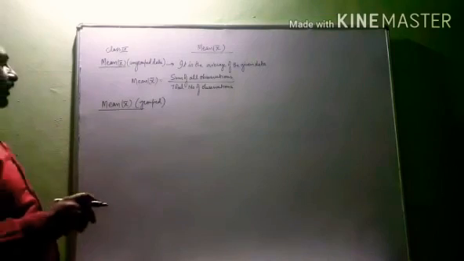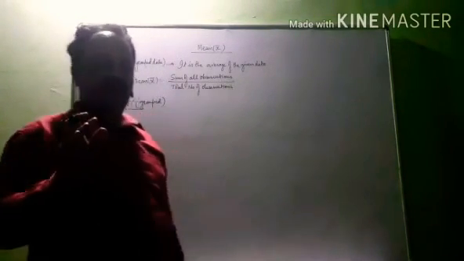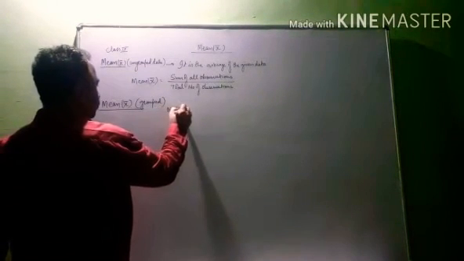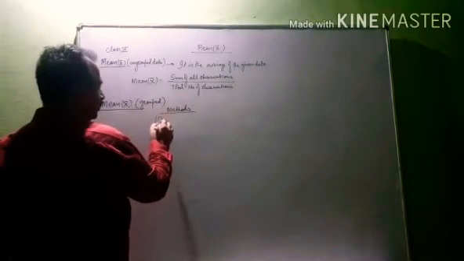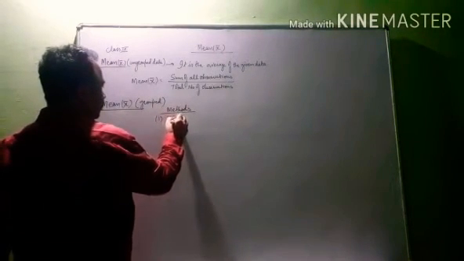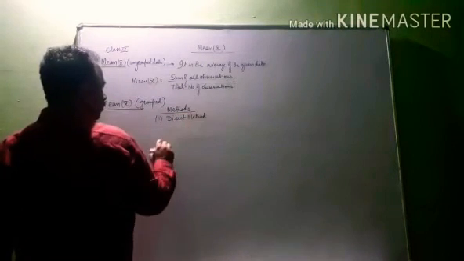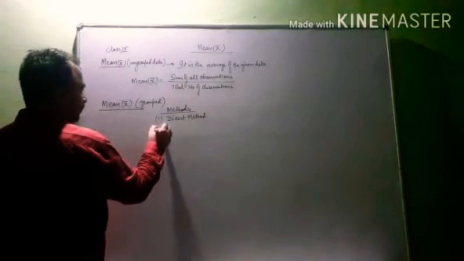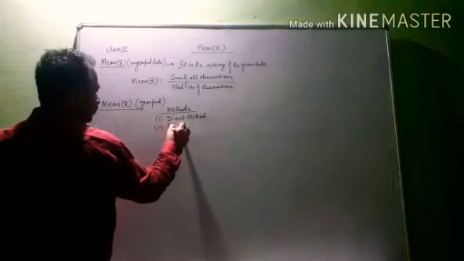Let's see. Now there are different methods to calculate mean in grouped data. So the methods are, first method is direct method. This you have learned in class 9th also. Second, assumed mean method.